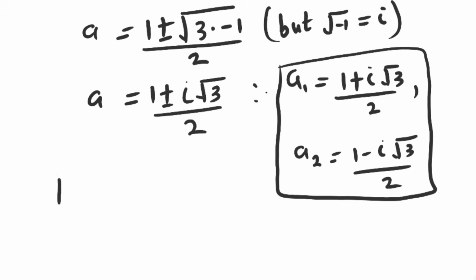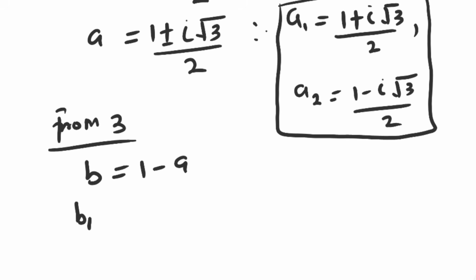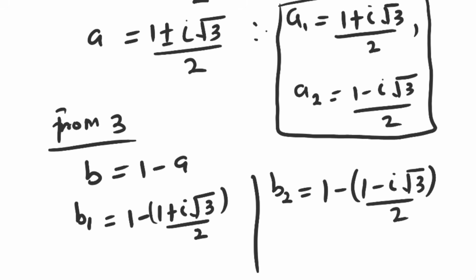To solve for B, from equation 3, B is equal to 1 minus A. Then B1 is equal to 1 minus A1, which is 1 plus I root 3 over 2, or B2 is equal to 1 minus 1 minus I root 3 over 2.